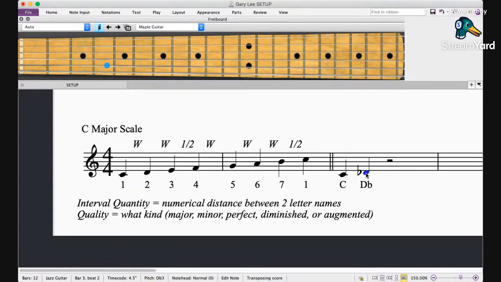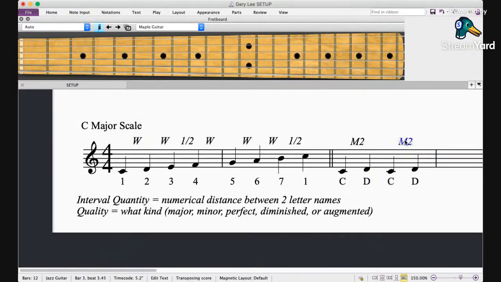So we've got a major second, where big M means major, and then a minor second is a half step, and a major second is a whole step.